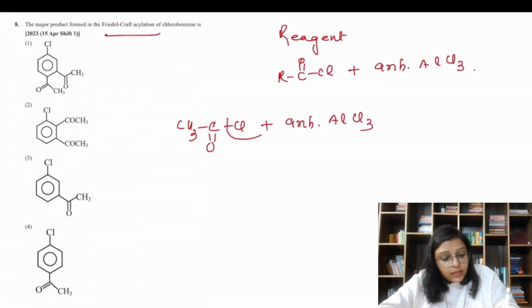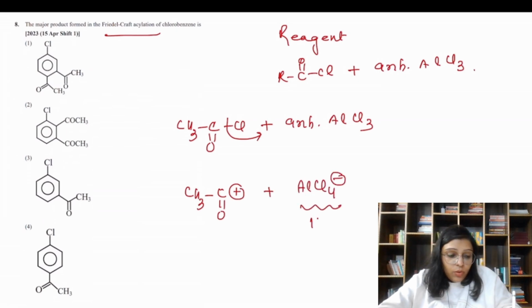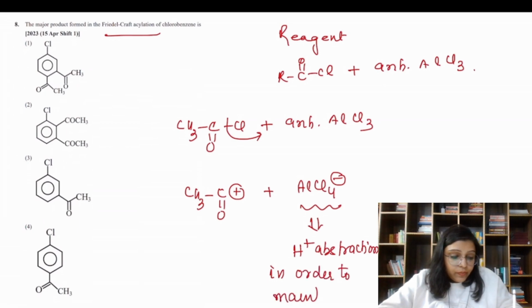First Cl minus leaves and we have carbocation formation plus AlCl4 minus, and the role of this is proton abstraction in order to maintain aromaticity.